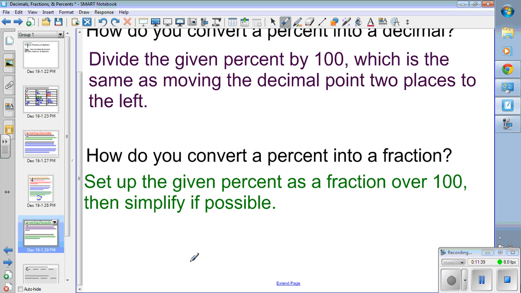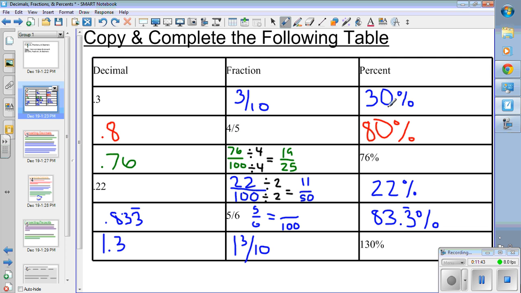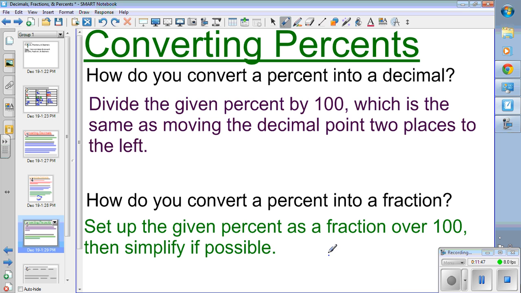If you look back at any of the ones we did in our chart, you could take any of these numbers, 30 over 100, because it's 30%, so 30 out of 100, and then simplify it. You would divide both by 10, so you get 3 over 10. Hopefully those made sense.